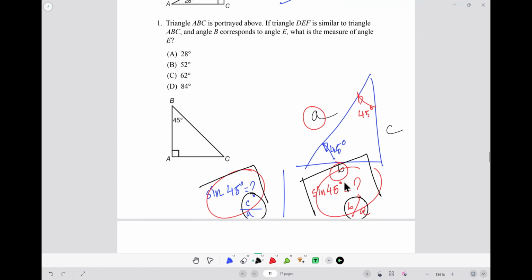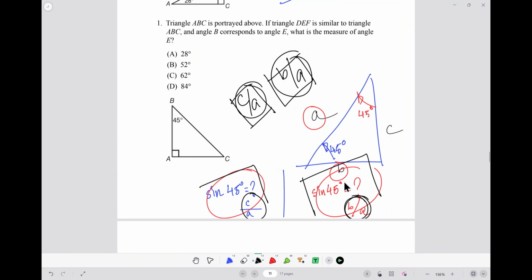This is C by A, this is B by A. Are they identical? No, these two are not identical.